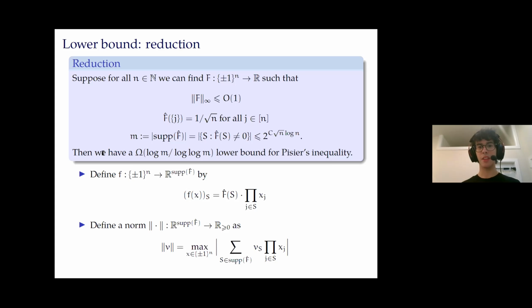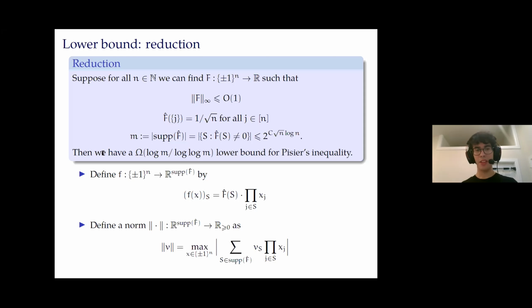Basically, if you solve this third equation, you're going to have a log m over log m lower bound for n. So that's where this lower bound is coming from, this reduction. Again, I won't spell out the details, but I hope you will trust that this works.